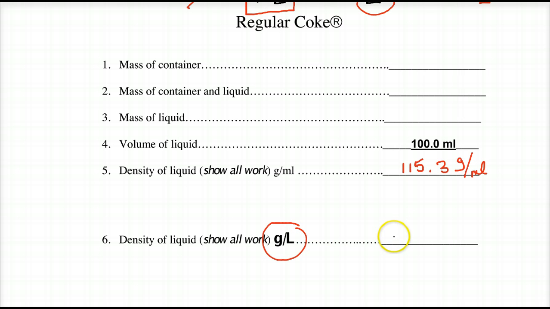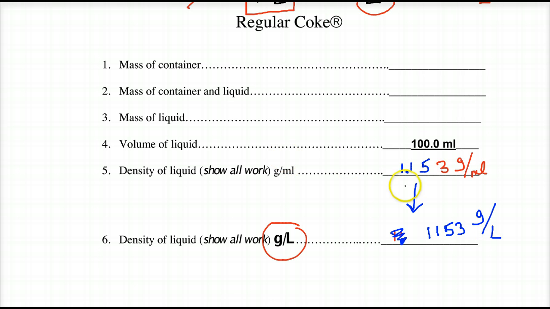That's going to get bigger by 1,000. I made a mistake there. Clearly the density is not that big. That would be a metal. So this would be 1.153 grams per milliliter, and by the conversion, times 1,000, we're getting this bigger, 1,153 grams per liter, just like I talked about before.